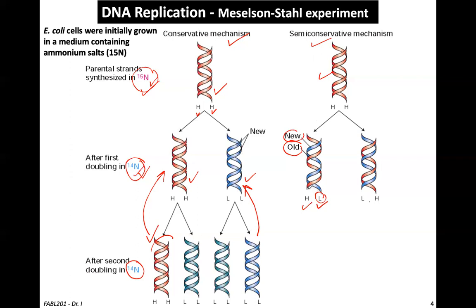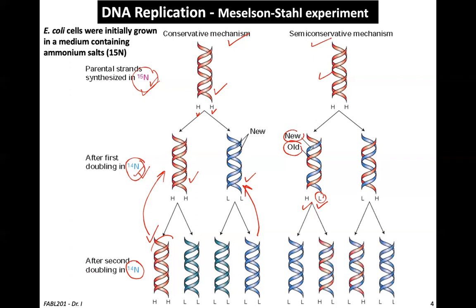If you allow the bacteria to grow for a second round of duplication, as you can see, each of the two daughter DNA will have heavy and light strands.